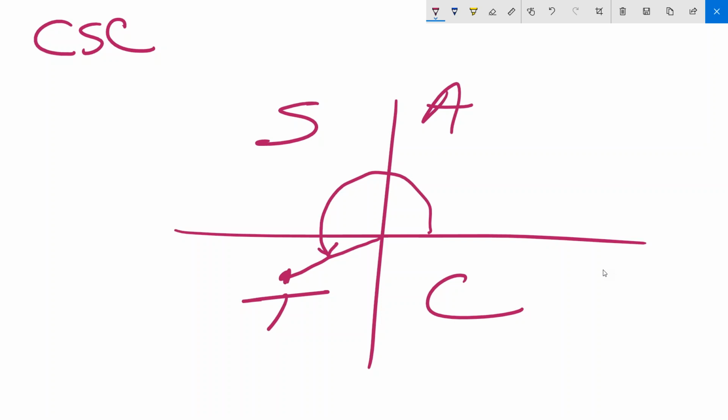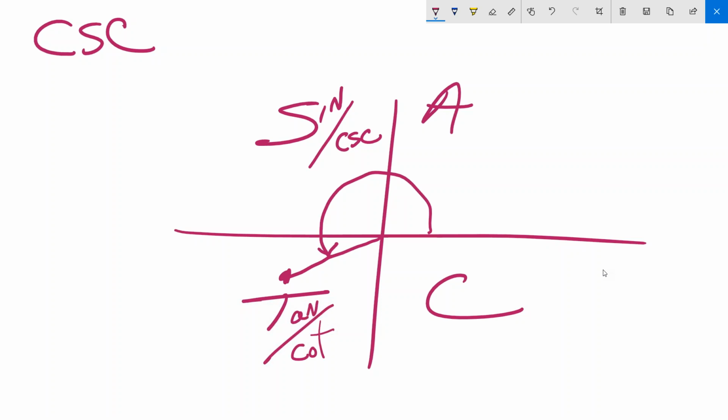Correct. In other words, we use this acronym, all students take calculus, because if I write it correctly, it's really this. Sine and cosecant are positive in the second quadrant. If I write this one, it's tangent and cotangent, because after all, cotangent is the reciprocal of tangent.